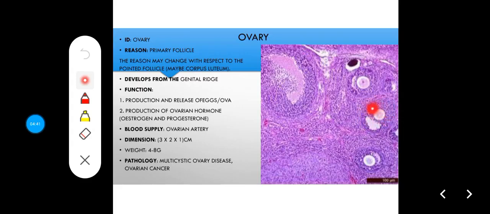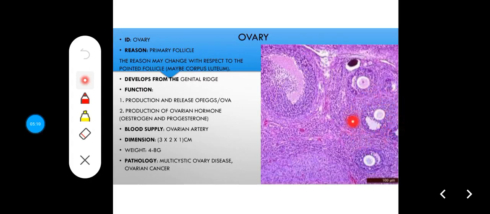And this also is the follicular cells, granulosa cells. The outer part of this follicle is covered by the theca layer. The theca layer is made up of two parts, the theca interna and the theca externa. The internal part is circular and surrounds the follicle, and the outer part is fibrous. It also surrounds the follicle.